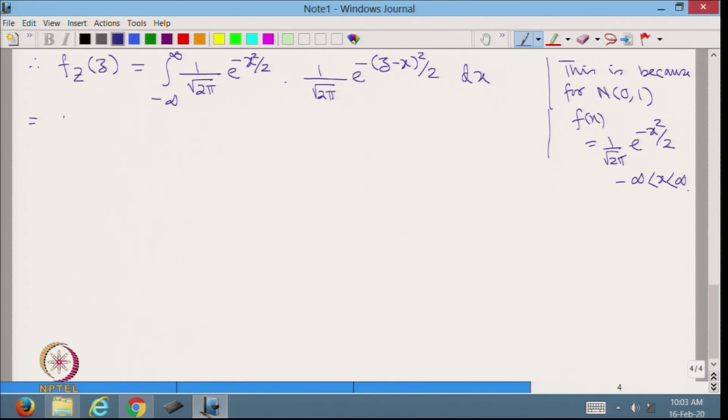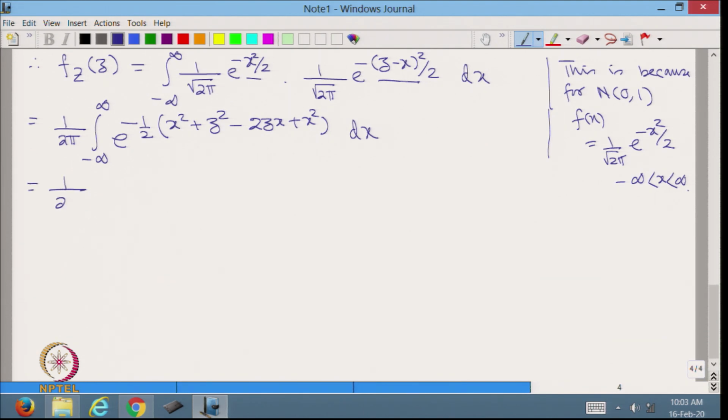This is equal to 1 over 2 pi, which we take out of the integration, times the integral from minus infinity to infinity of e to the power minus half into x square plus z square minus 2 z x plus x square, dx. This we get by expanding these two terms.